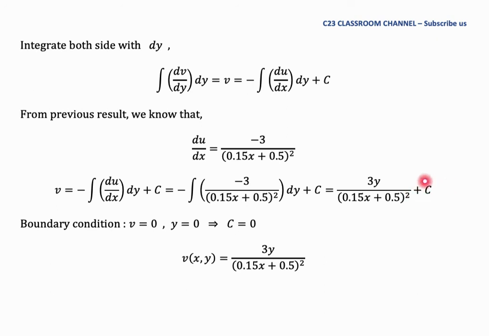We need to determine the value of the constant, so we substitute the boundary condition. We know that v is equal to 0 at y equal to 0, and that makes c, the constant, equal to 0. So v as a function of x and y can be written as 3y over (0.15x plus 0.5) squared.